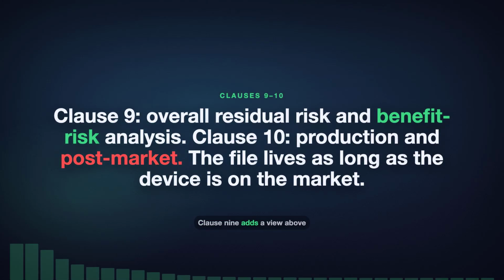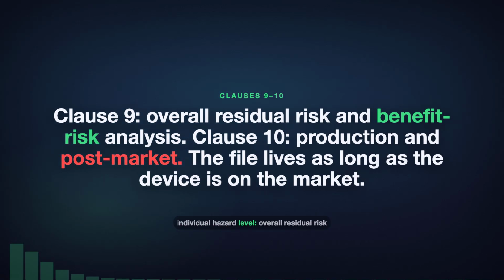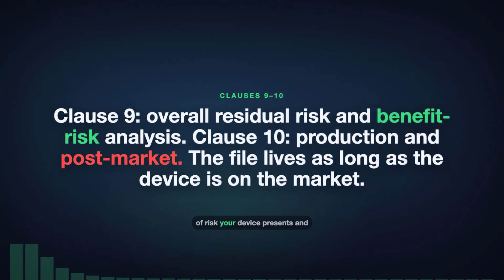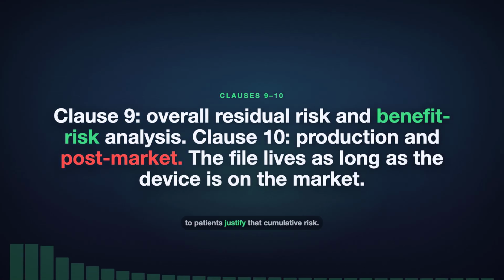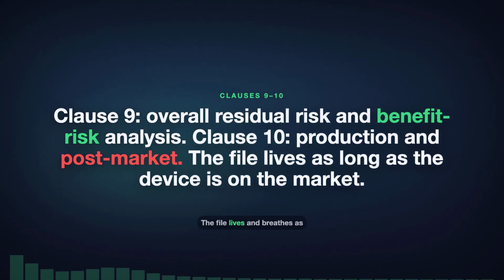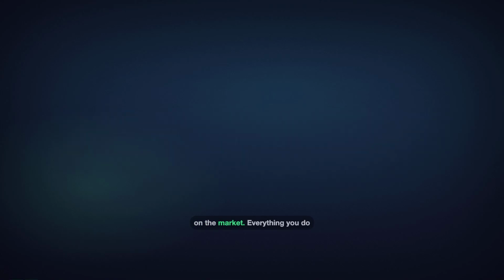Clause 9 adds a view above the individual hazard level, overall residual risk evaluation and risk-benefit analysis. You're looking at the totality of risk your device presents and asking whether the benefits to patients justify that cumulative risk. Clause 10 takes the process into production and post-market. The file lives and breathes as long as the device is on the market.